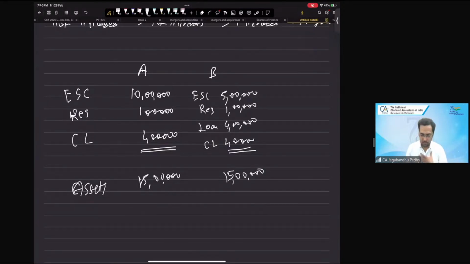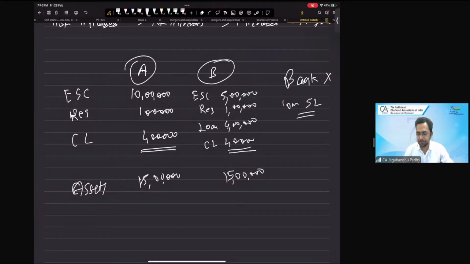So out of these two companies, if A and B approach a bank for a loan of, let's say, 5 lakhs, where will the banker feel safe to give the money? Company A or company B?